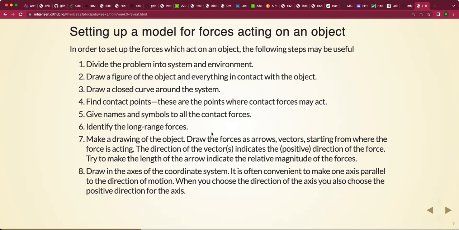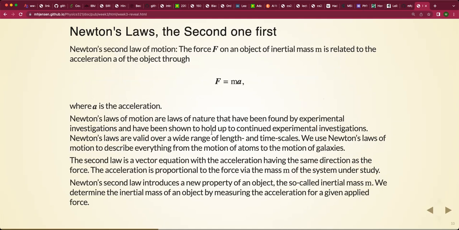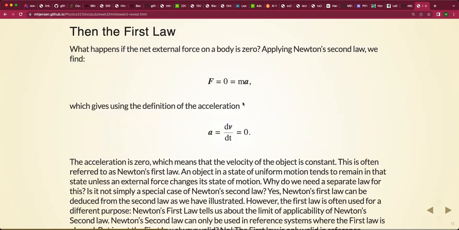So let me go back to the whiteboard so we can rewrite what's on the slide here in a different way. Just as a quick reminder, you've seen this expression here. I hope I'm not repeating too much, but the first 2 to 3 weeks, we're going to repeat a little bit. And we have Newton's first law.